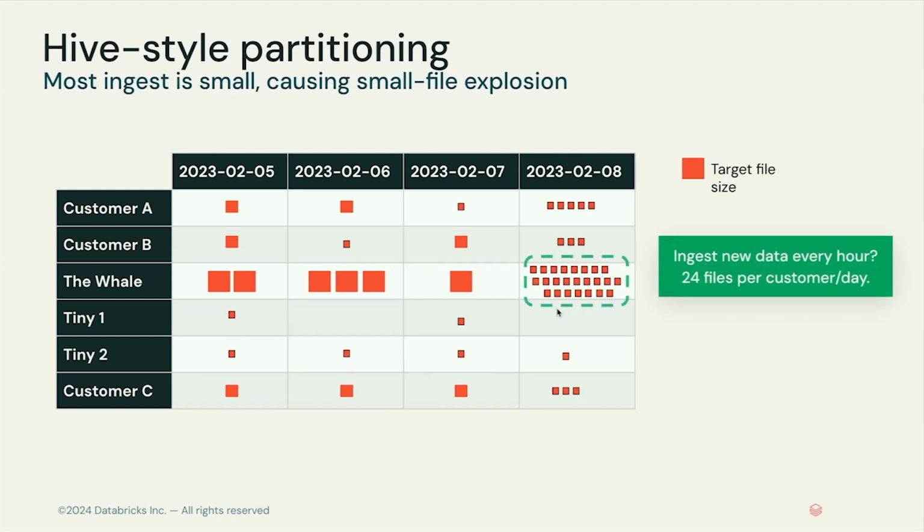As new data comes in, the more partitions you have, or the more columns you partition on, and the higher the cardinality of those partition columns, the more files get generated when you ingest the data. There's a setting in Spark called Spark SQL shuffle partitions, and when you write to a partitioned table, it writes one file per shuffle partition, which doesn't sound like a big deal.